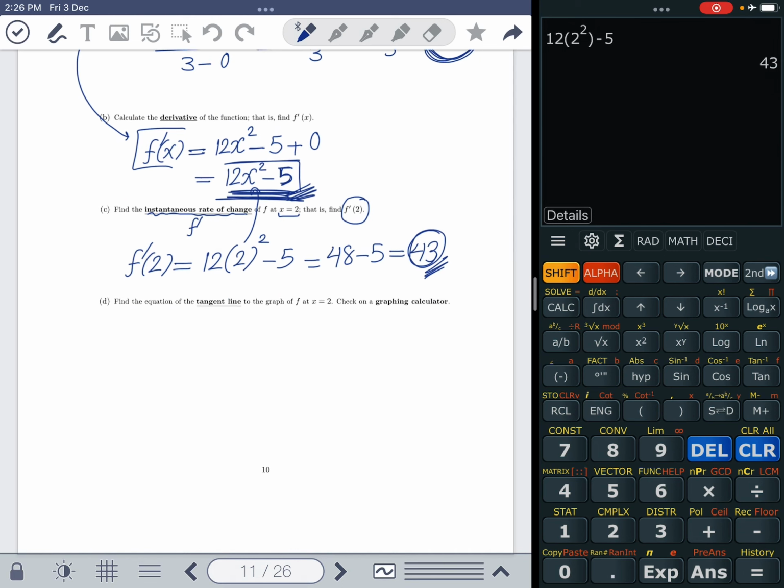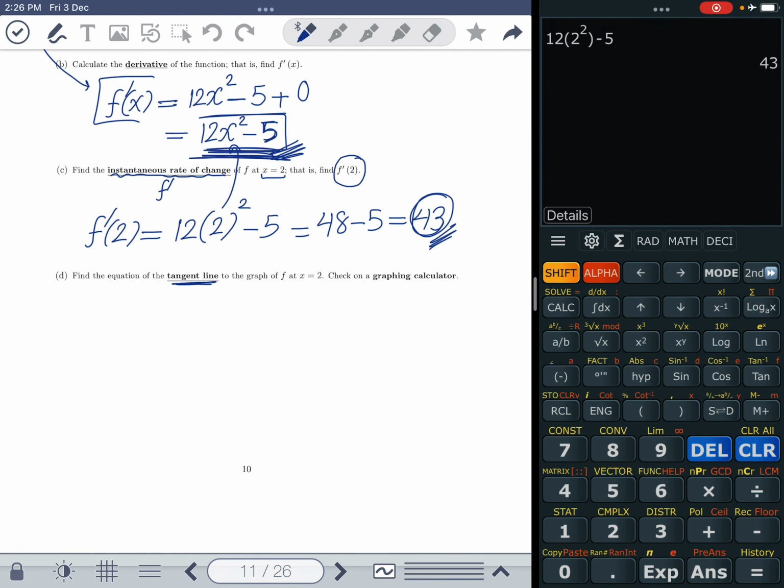Yes, 43. Find the equation of the tangent line to the graph of f at x equals 2. Remember the equation of the tangent line: y minus f of 2 equals f prime at 2 times x minus 2. Always it will be like this. The number that we have here is the slope m, and this is the point a, and this will be f of a.